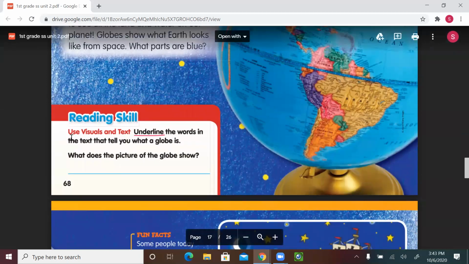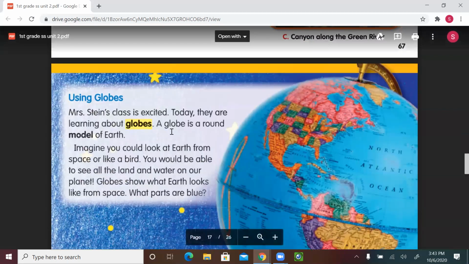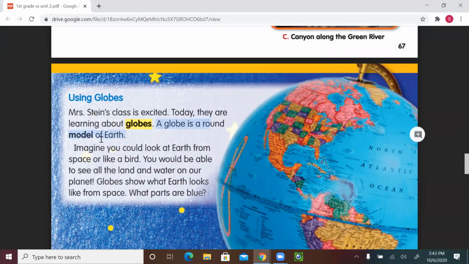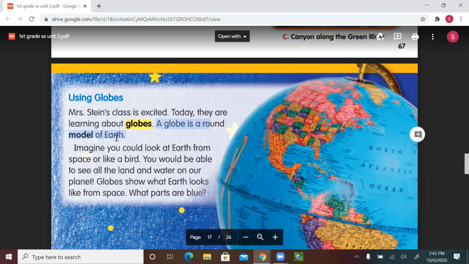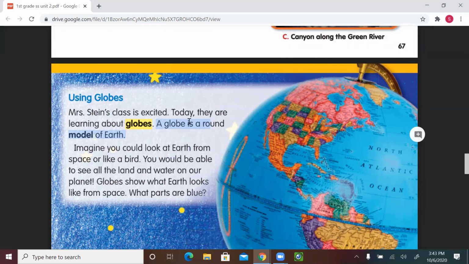So use visuals and text: underline the words in the text that tell you what a globe is. Let's underline here: a globe is a round model of Earth. This is what you need to underline, the part you understand from the text.